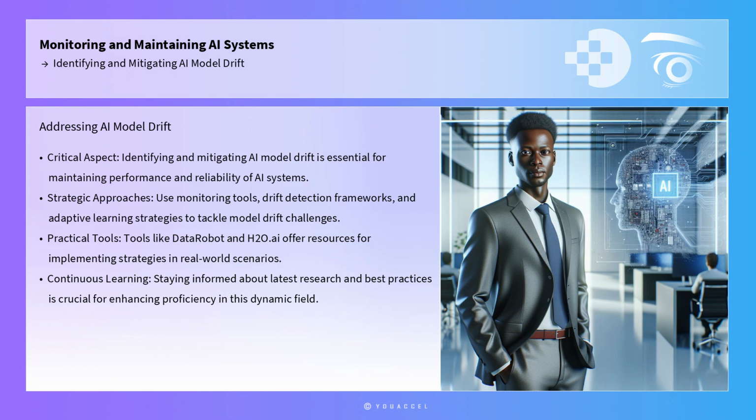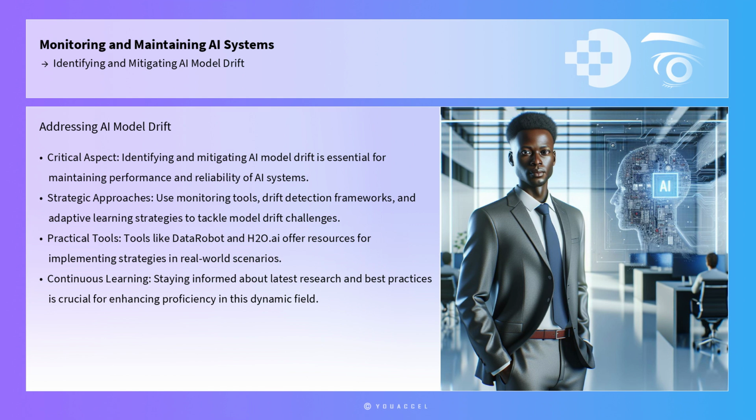In conclusion, identifying and mitigating AI model drift is a critical aspect of maintaining the performance and reliability of AI systems. By employing a combination of monitoring tools, drift detection frameworks, and adaptive learning strategies, organizations can effectively address the challenges posed by model drift.